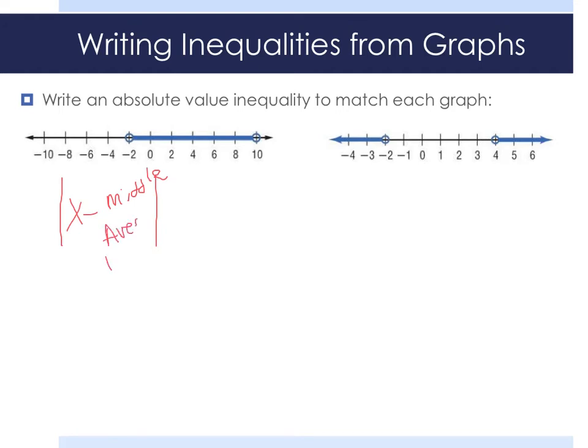It can also be described as a target or a goal. And then we're going to use one of 4 inequality symbols today. We're either going to be talking about less than or equal to, or we're going to be talking about greater than or equal to. And then this number out here is always going to be the distance of an end point. So here's the end. The distance that the end point is from the middle.